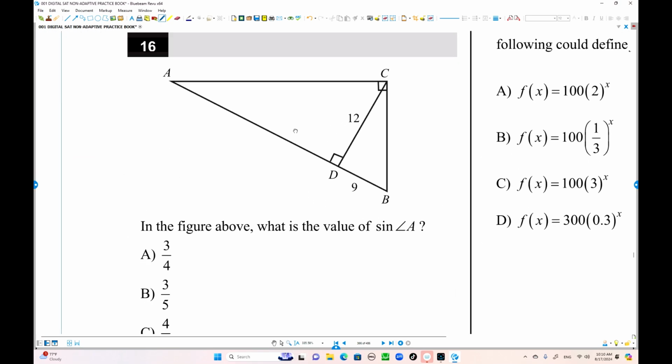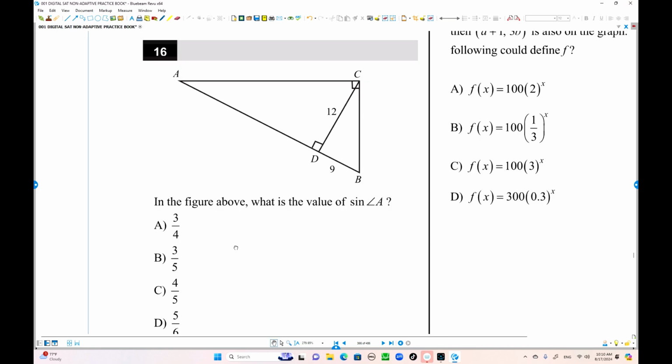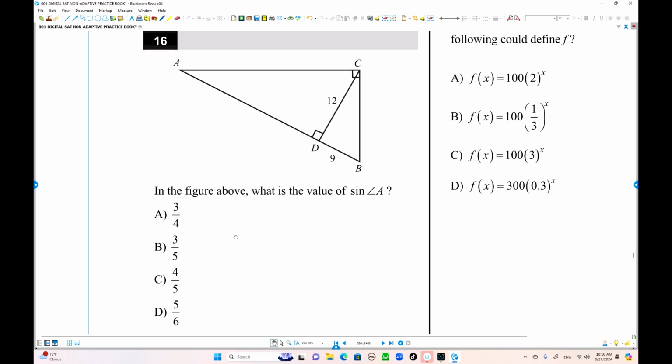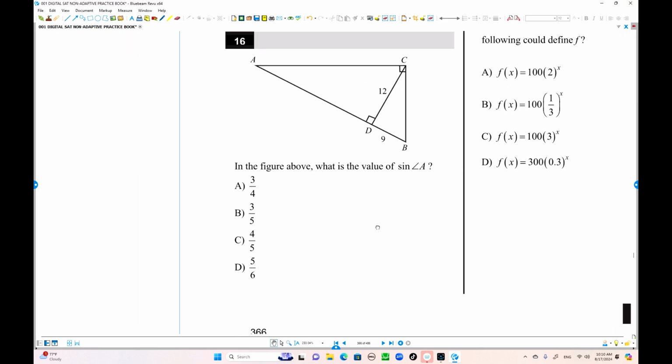Here is number 16. What is the value of sine of angle A? Angle A over here. But when you take a right triangle around this angle, there's not much data, only this opposite side.